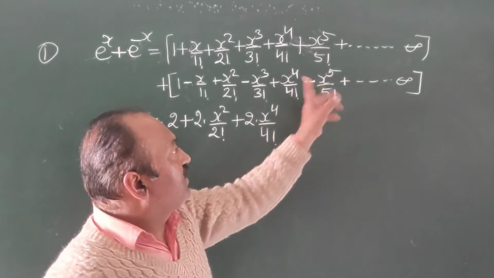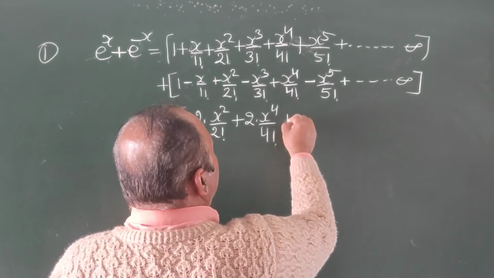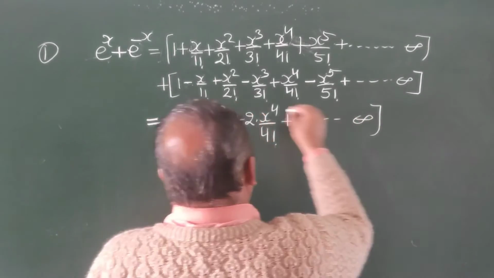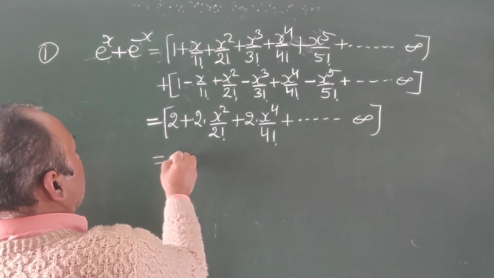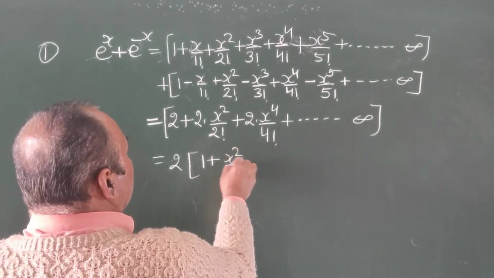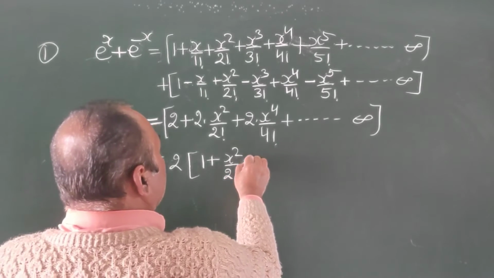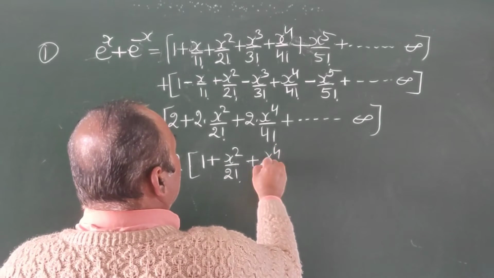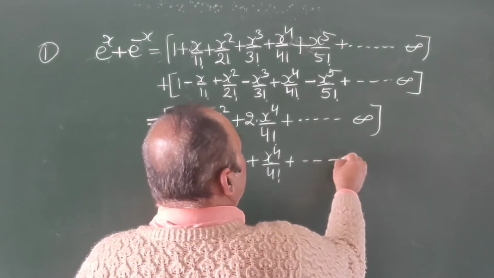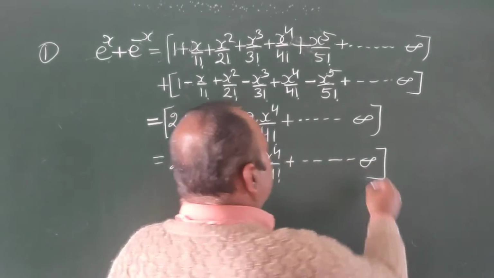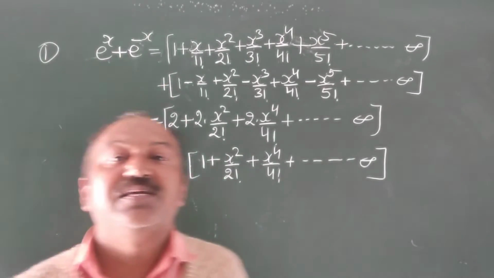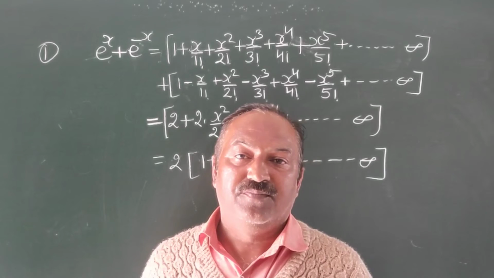And after cutting it, we will get plus dot dot dot up to infinity, and taking 2 common, we get 1 plus x square upon 2 factorial plus x raised to power 4 upon 4 factorial plus dot dot dot up to infinity. This is the value of e raised to power x plus e raised to power minus x.